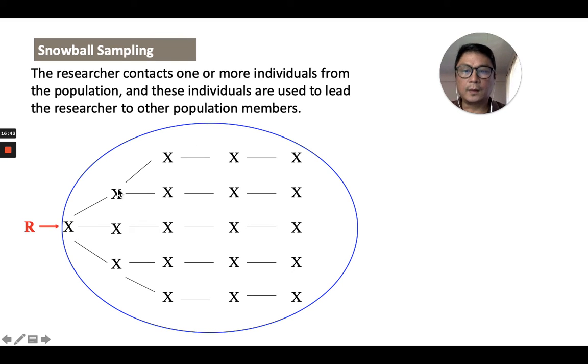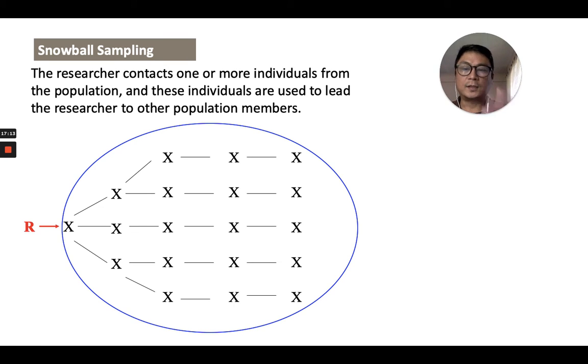So then the first respondent might recommend 3. And so the researcher does the same thing, administers the questionnaire again to those 3, and then asks them also to recommend others. So in that way, the snowball gets rolling, and hopefully your sample becomes bigger through snowball sampling.